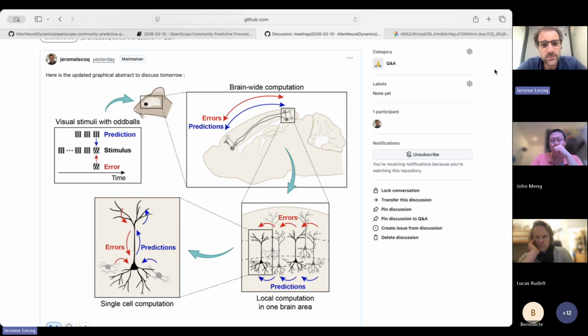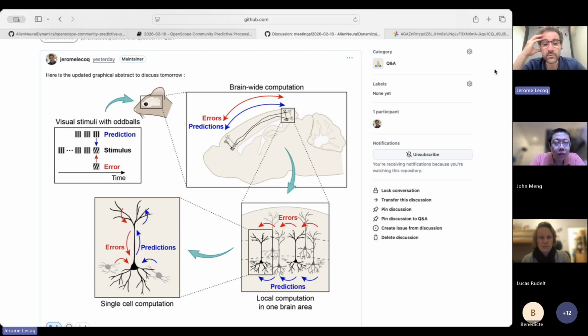This was an initial proposal by Christoph, and the idea is to highlight that our review summarizes predictive processing mechanisms at different scales. What you see on this figure is, first, on the top left, we start with the stimulus design, which is essentially the first part of the review.